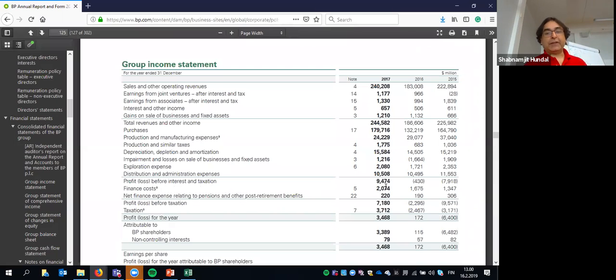And you can see the good thing about the financial statement is that they are in comparison, yeah? Can you see the comparison? So normally your income statement is in 3 years comparison, but the balance sheet and the cash flow statement are for 2 years. So if you want to go for the previous years, then go to the company's archives. You can see the last 20, 30 years data also from the annual report.